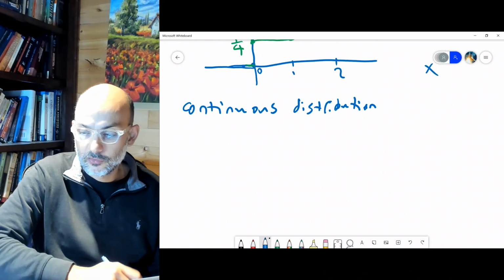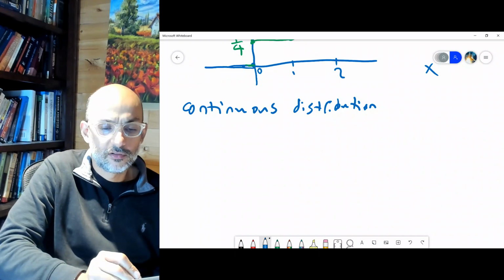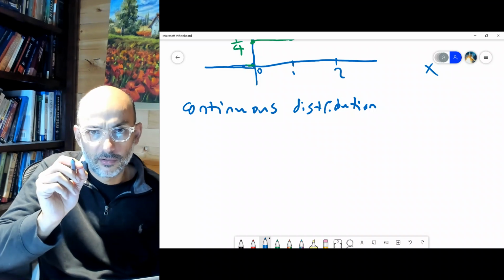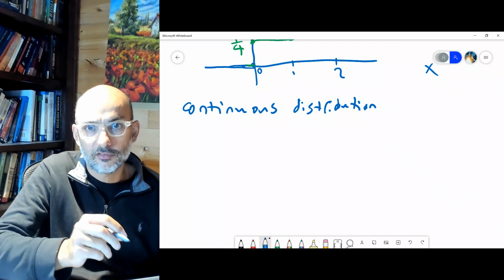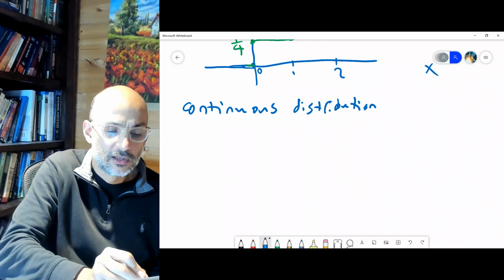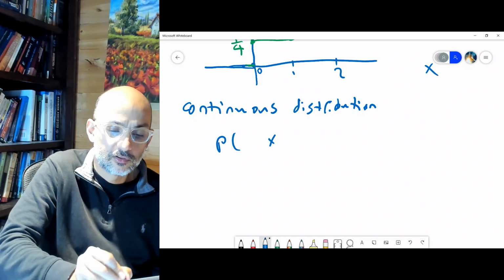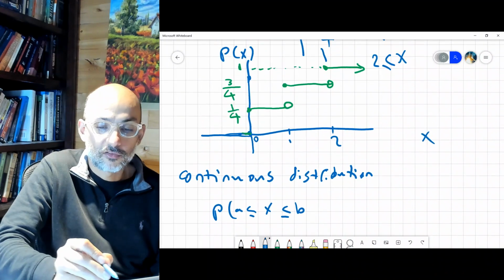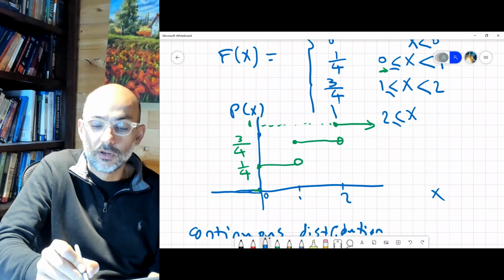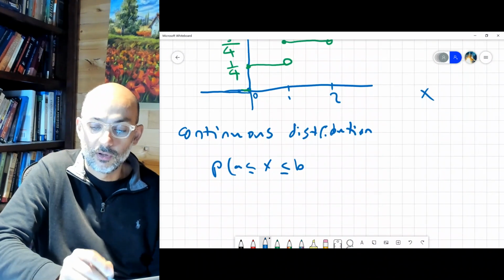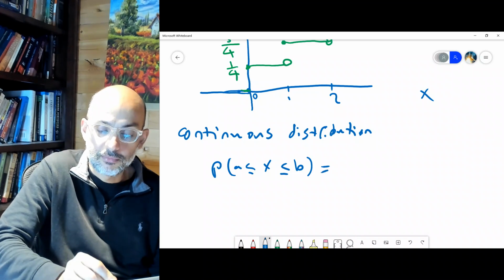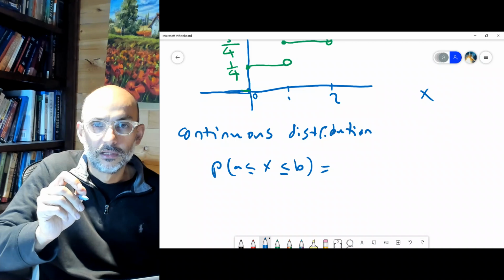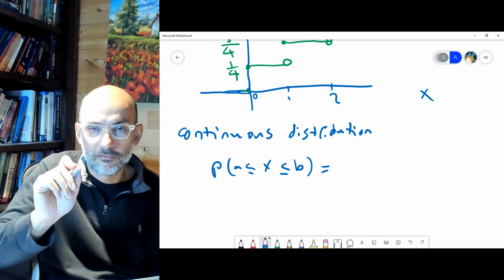A continuous distribution is different from a discrete distribution in that the probability of one single value is 0, like the probability of x equals a is 0. So you always define the probability of x between a and b. Remember, for discrete it matters if there is equality or not, but here it doesn't matter, because the probability of x equaling one value is 0.